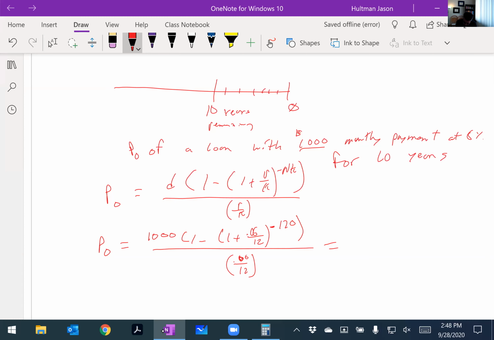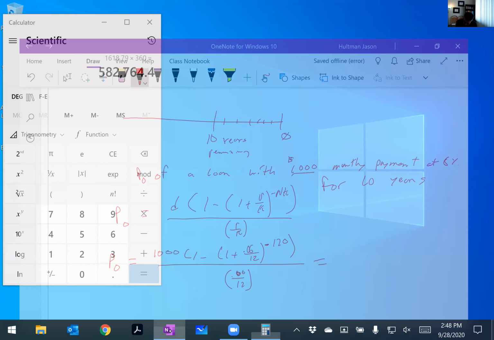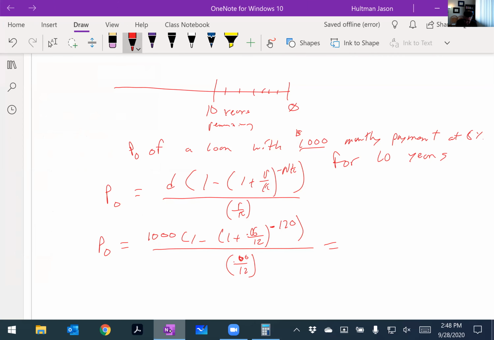I'm going to simplify this just a little bit. The 0.06 is a nice interest rate to use because it simplifies. 1,000 times 1 minus 1.005 to the negative 120, all over 0.005. So plug that into a calculator and tell me what you get.